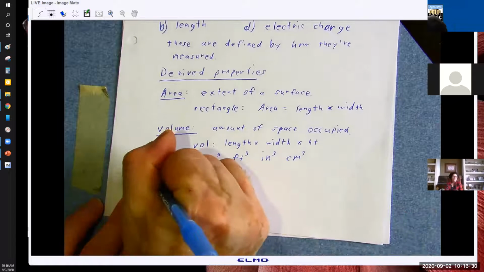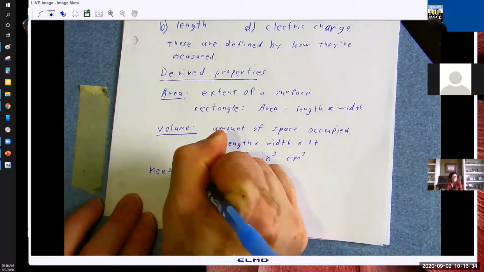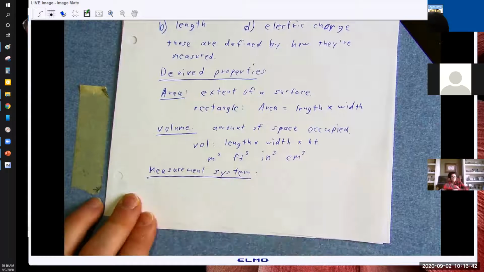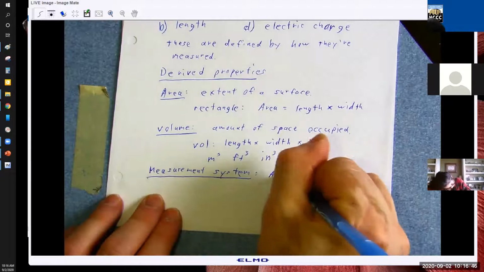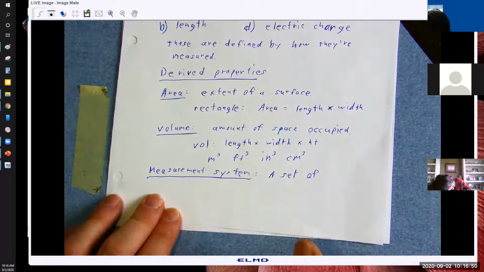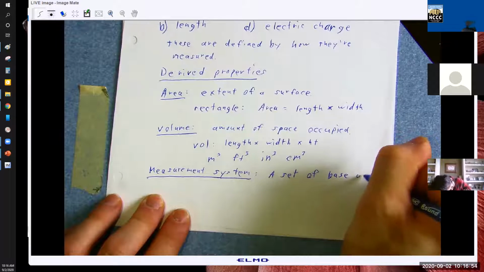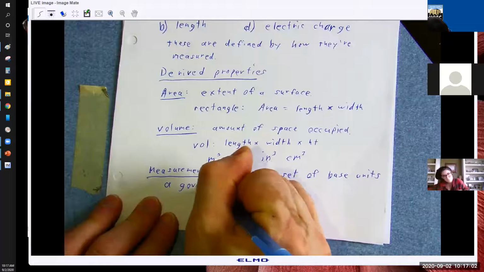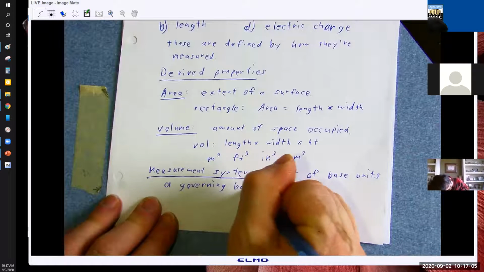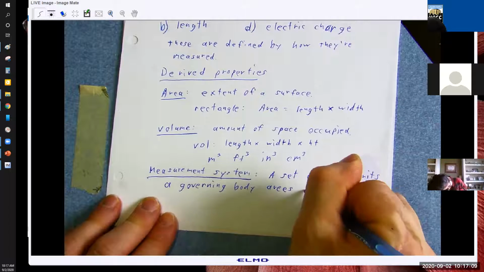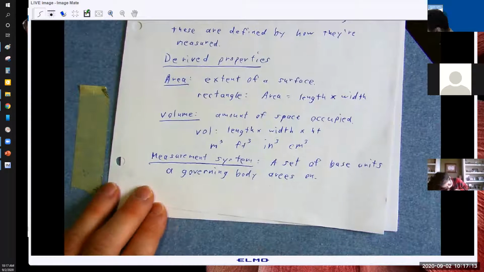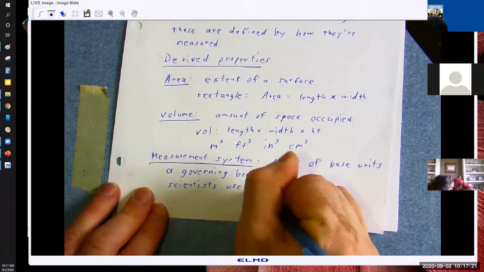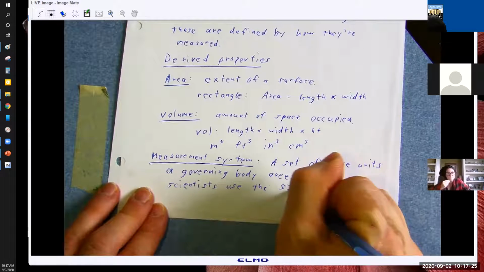So a measurement system is just a set of base units a governing body agrees on. And scientists use the SI system.